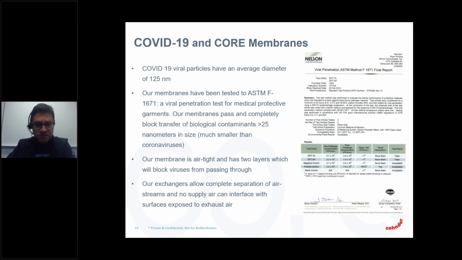In our testing, the membrane materials were tight to the transport of these surrogates, which are smaller than COVID-19, and block the transport of viruses. So a membrane-based exchanger can allow complete separation of air streams, in which the membrane will not allow the transport of viral species as well.